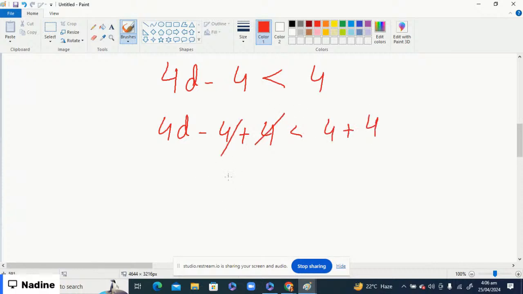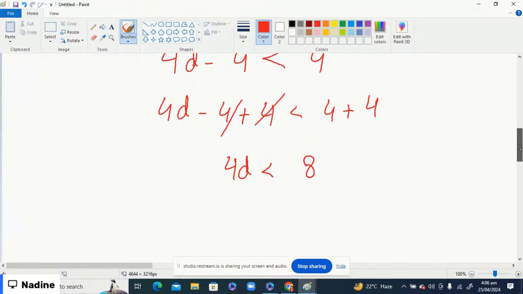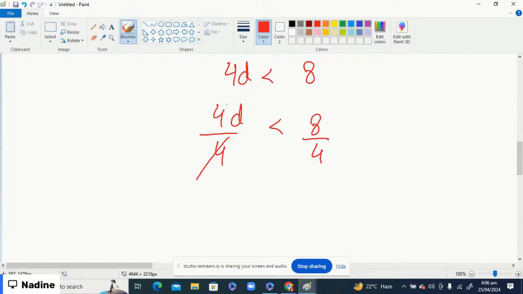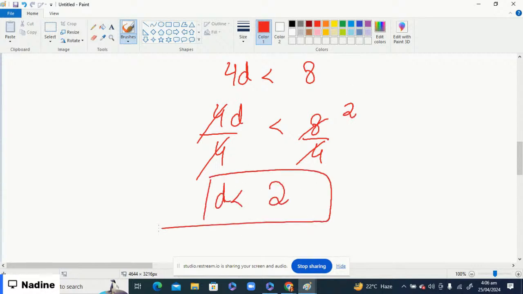This should be cancelled. Here it becomes 8. Dividing both sides by 4. 4 and 4 cancel, and 4 times 2 is 8. So this shows that d is less than 2.